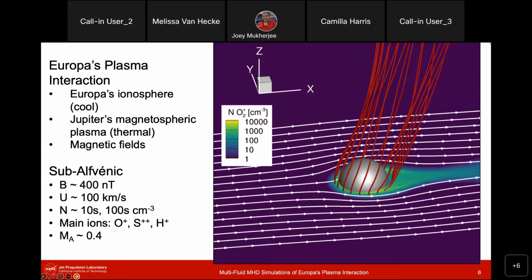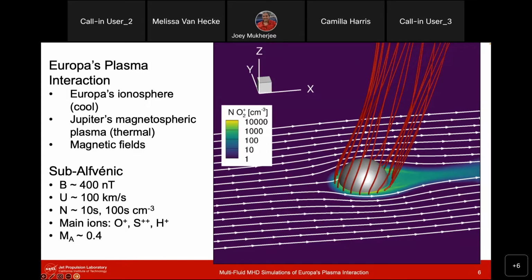The magnetic field in Jupiter's magnetosphere is really high, about 400 nanotesla. The velocity of this flowing plasma against the interaction is about 100 kilometers per second in Europa's fixed frame. The densities we're talking about are on the order of tens to hundreds per cubic centimeter for the magnetospheric plasma.